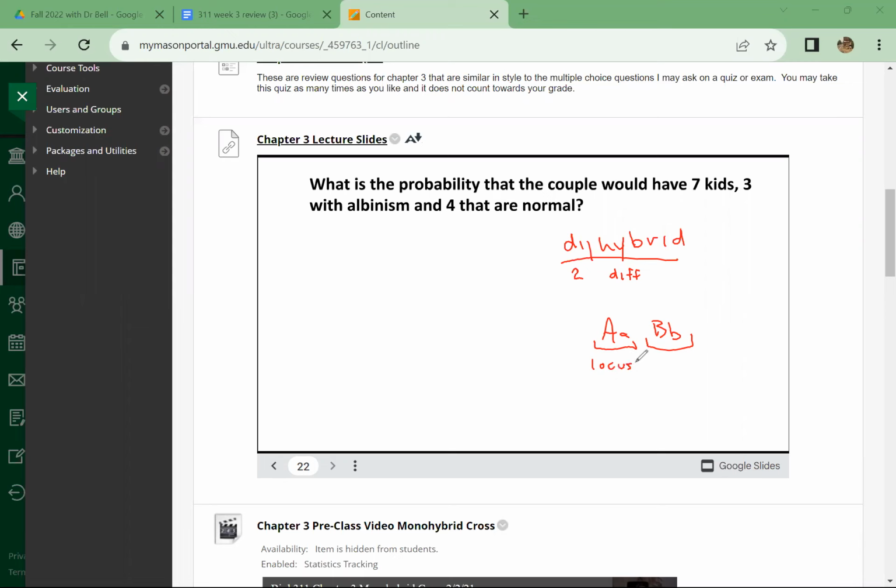Locus 1, and this B is at another locus, locus 2. And what do we find at different loci on a chromosome? Like different traits. Yeah, what codes for these traits that we have? Alleles. Yes, exactly. And what do alleles represent? Like dominant and recessive genes.